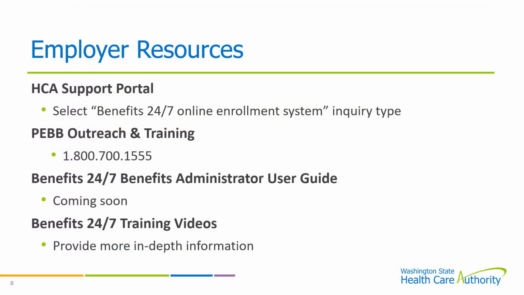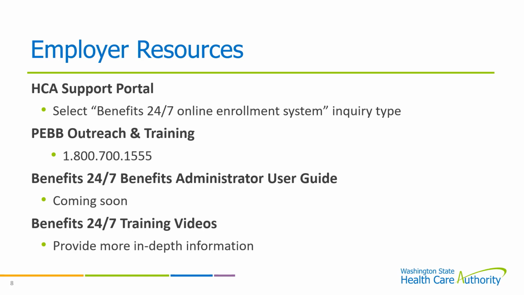So that was a big overview on the functionality of Benefits 24/7. We do like to leave you with some follow-up resources in the event that you have any questions about Benefits 24/7. First, you can send us your questions through the HCA support portal, and when you create your ticket, just be sure to select the Benefits 24/7 online enrollment system as your inquiry type.